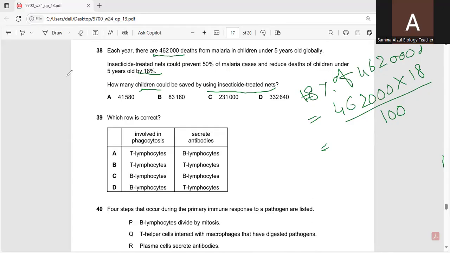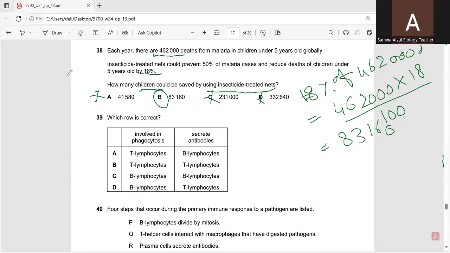Let me calculate. So it will become 83160. So B is the correct option after calculating.